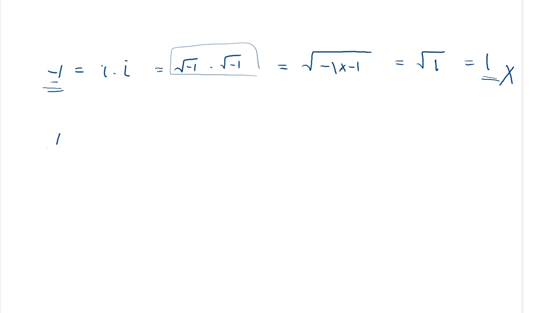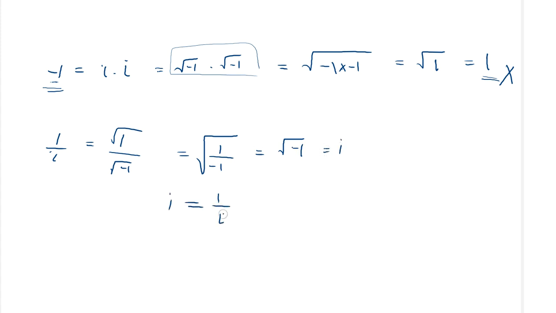Similarly, if we take the reciprocal of i, which means 1 over the square root of -1, and 1 is the square root of 1 actually. So is it okay to write it as the square root of 1 over -1, which is the square root of -1, which is i? Does i equal the reciprocal of i?